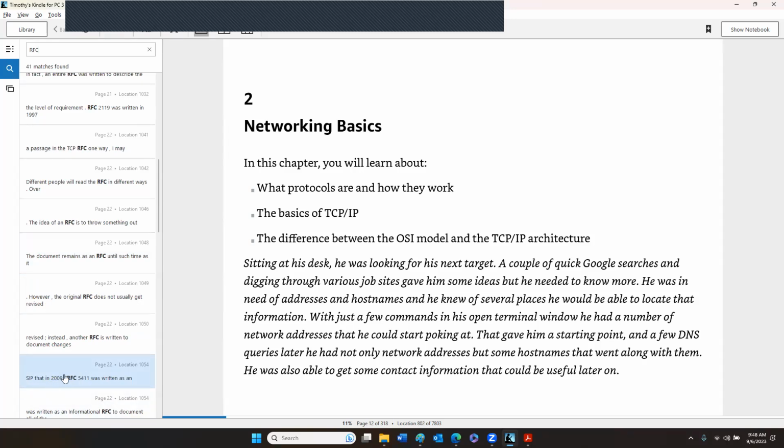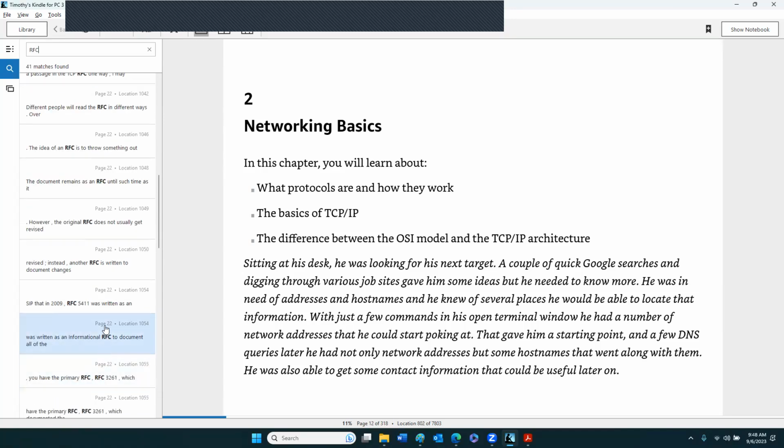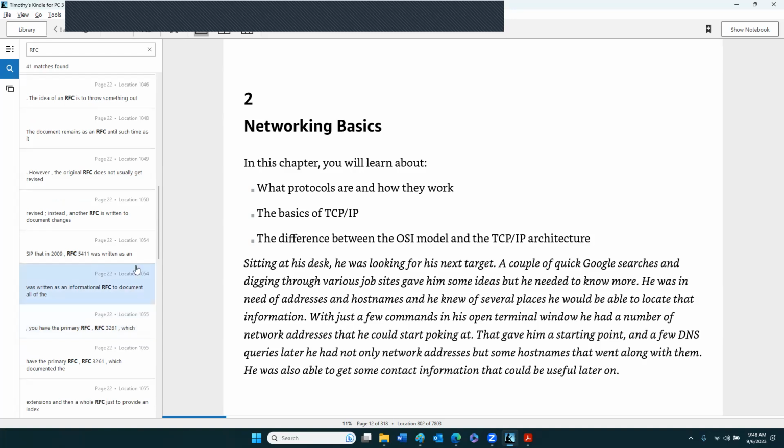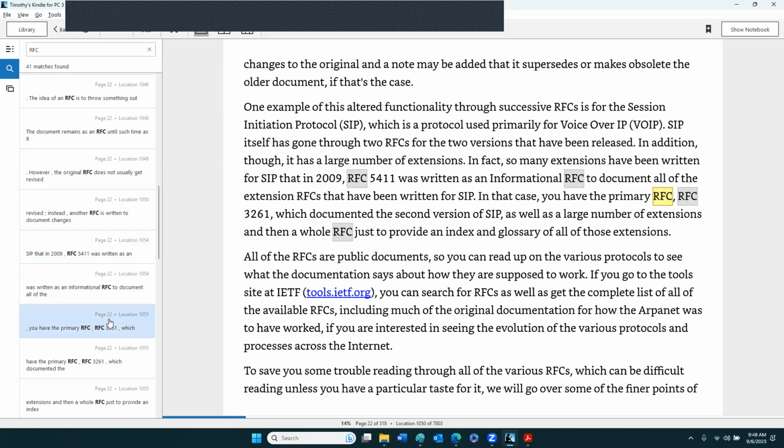This is when voice over IP started to get in really big, right? There's a lot of network issues. The primary RFC for SIP is 3261, but then you have a follow-on 5411. You can search for the RFCs as well as get a complete list of all available RFCs.